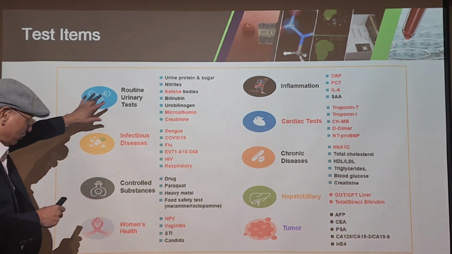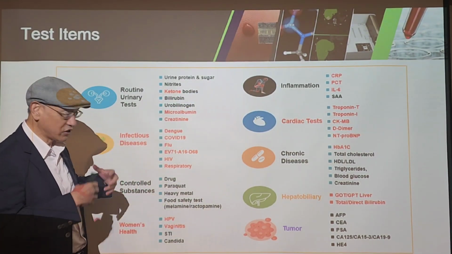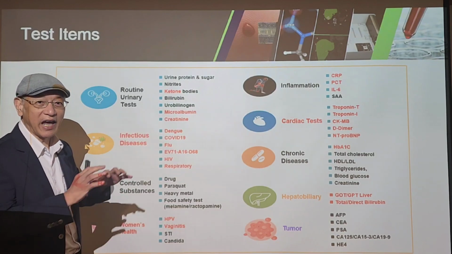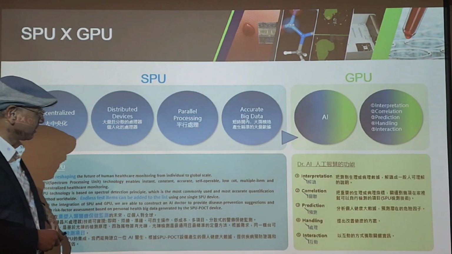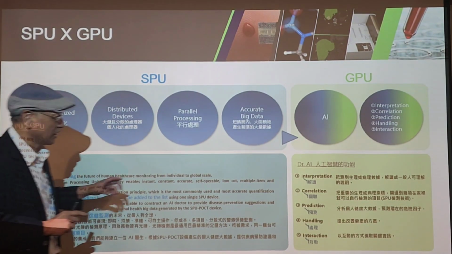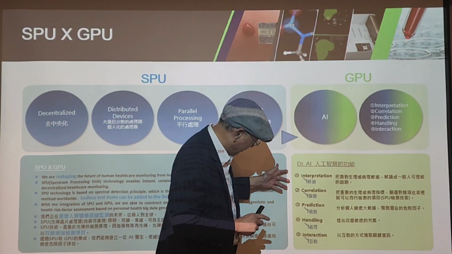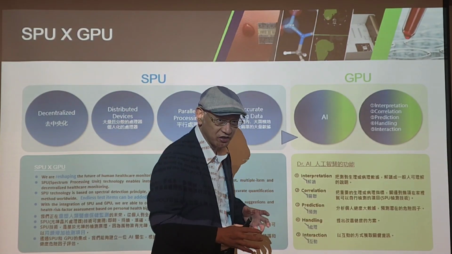Yeah, so right now we can do 30 items, and later more items can be added to the list, depending on the real application. So what we are going to do with the AI is that there will mainly be more than 5 functions.